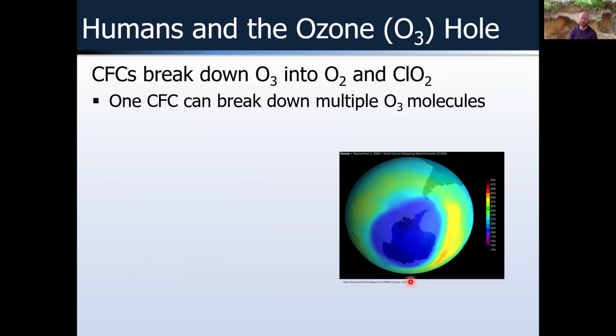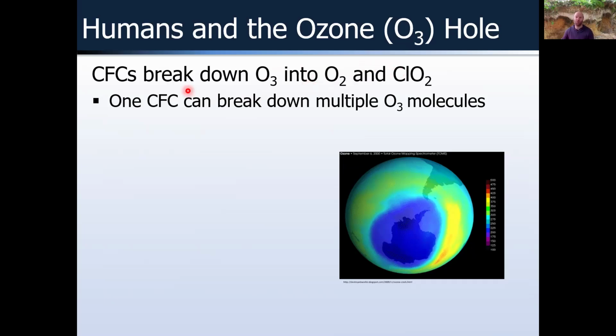So many years ago, in 1987, there was the Montreal Protocol, which limited the production of chlorofluorocarbons. You may have heard of this before, and how CFCs break down ozone, which is O3, into oxygen and chlorine dioxide.